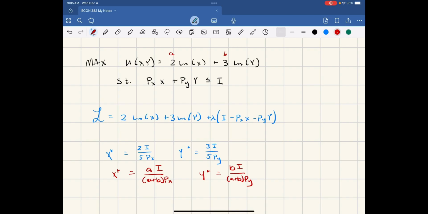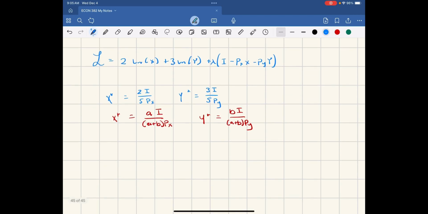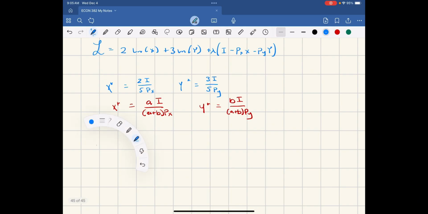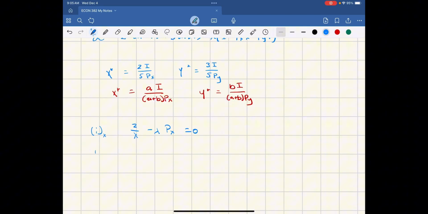But let's go ahead and walk through the steps of why this is true. So if that's our Lagrangian, let's take our first order conditions. Let's do it first with respect to x. So here I'll get 2 over x minus lambda px is equal to 0. Let's take the first order condition with respect to y. I'll get 3 over y minus lambda py equals 0.